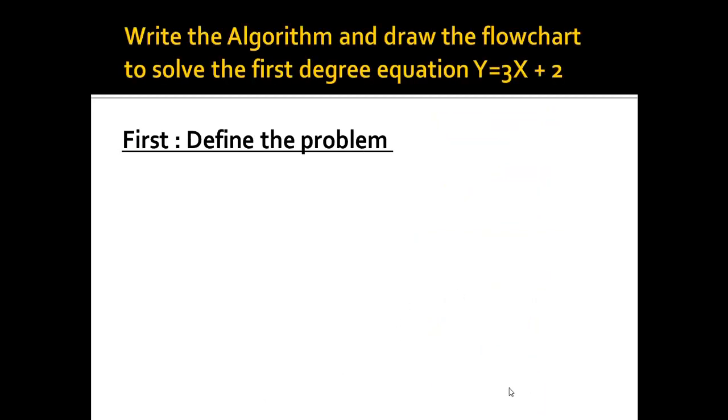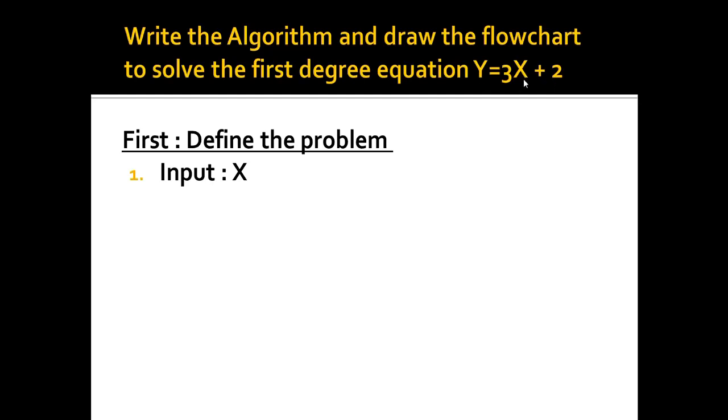Okay, here we have another example. Write the algorithm and draw the flowchart to solve the first degree equation y equals 3x plus 2. As we said, we're going to start by defining the problem. So 1 will be the input, which is x. We need to solve a first degree equation y equals 3x plus 2.